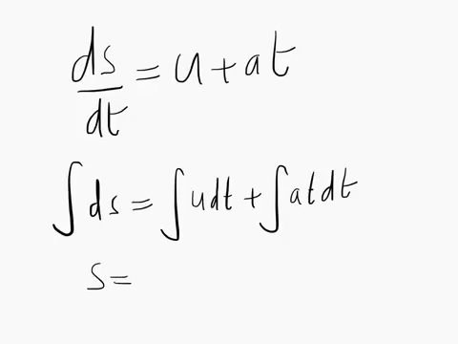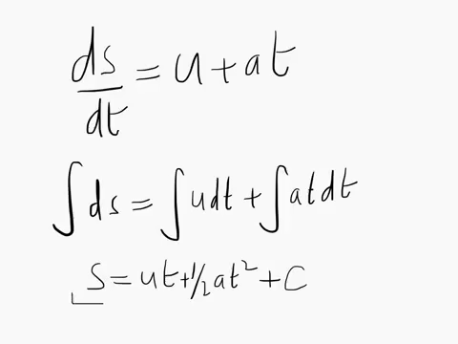The integral of u with respect to t is just ut. And the integral of at with respect to t is just a half at squared. We mustn't forget that we will pick up a constant of integration, so we'll put that in there.